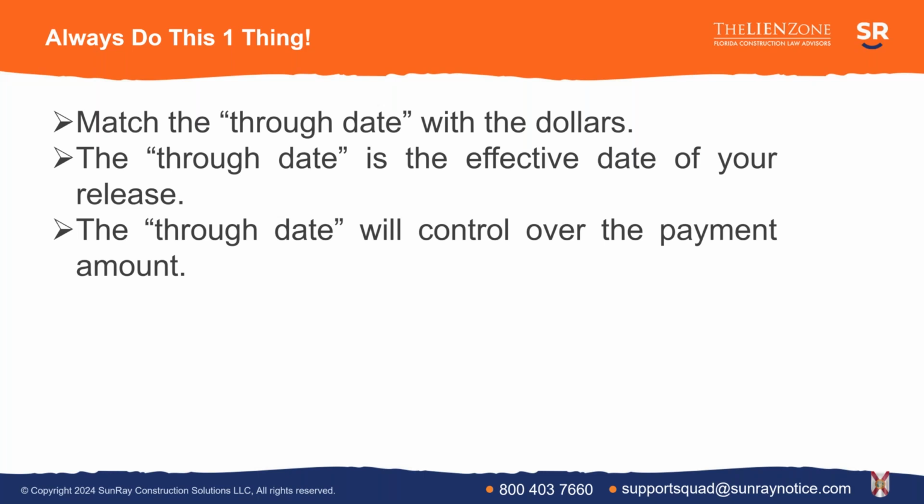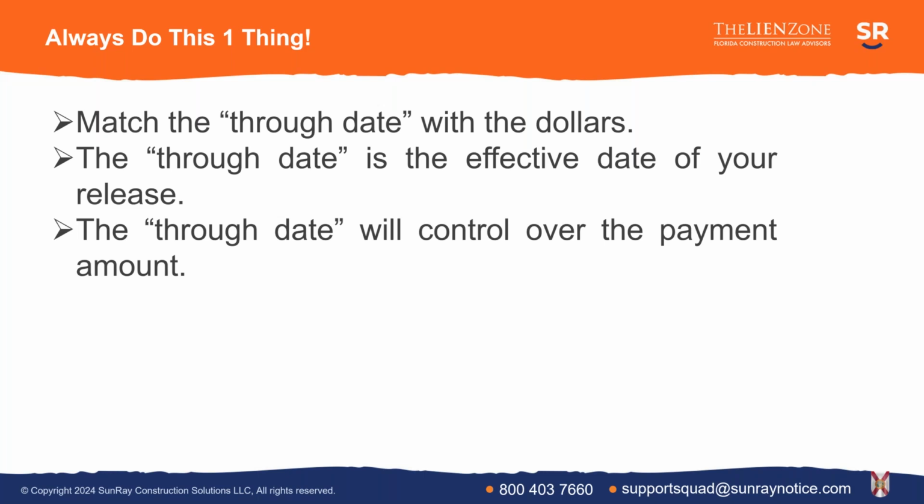Many people incorrectly believe that, well, I submitted a pay request for 10, they're paying me 6, so that 4 is just going to carry over. That is incorrect. If you are accepting a $6,000 check that gets you through the end of the month, if we go to court, the judge is going to say you understood that by signing this release that $6,000 was enough to release all of your rights through the end of the month.